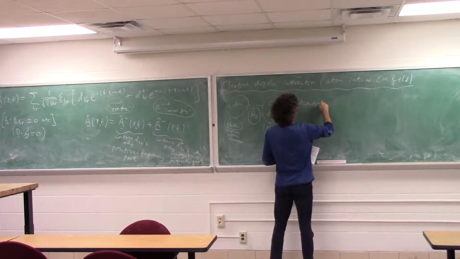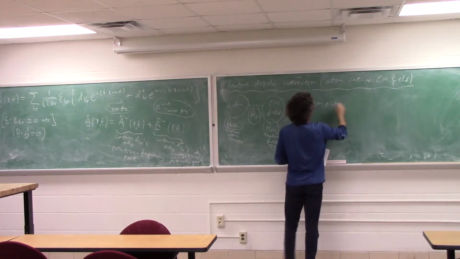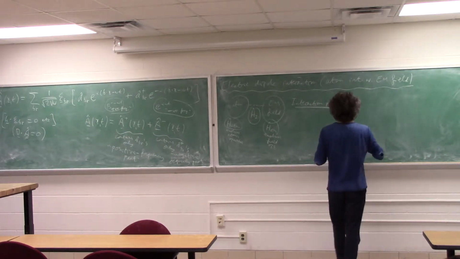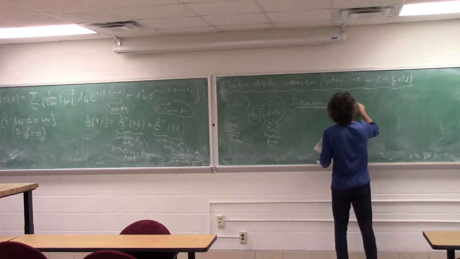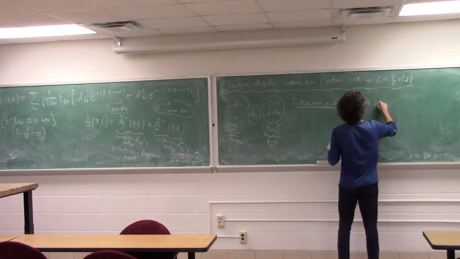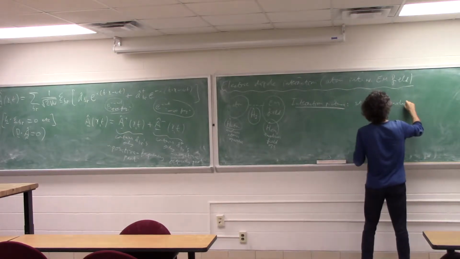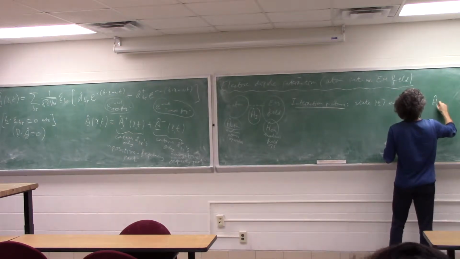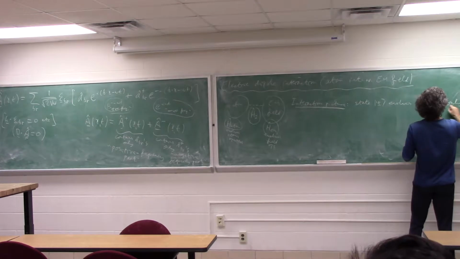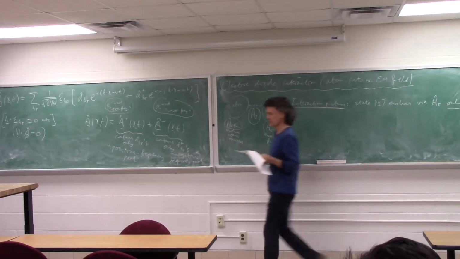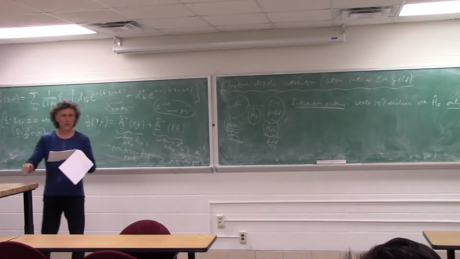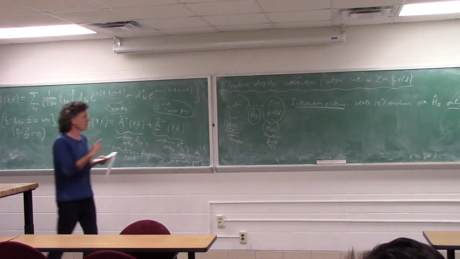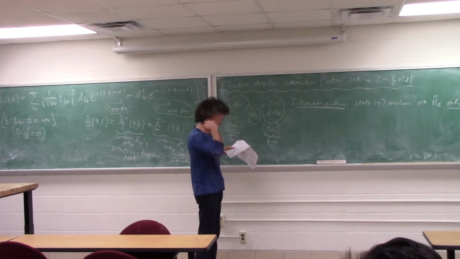we're going to work in the interaction picture where the state psi evolves via the interaction Hamiltonian only. Now, you should have seen the interaction picture before. We're going to do it more explicitly later on because we're not going to need to know much about this.